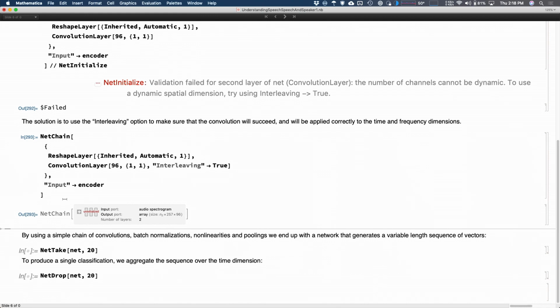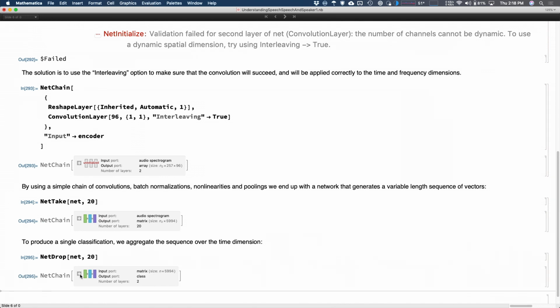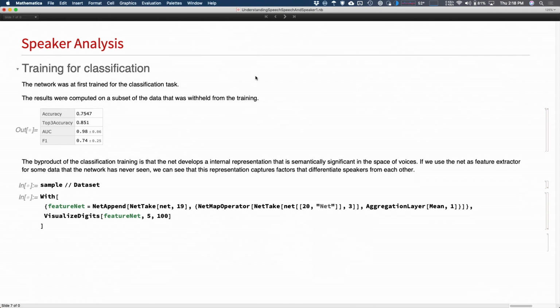But that would also fail because the encoder produces data that has a variable dimension on the first dimension, with which the neural network framework is most definitely not happy. So to make this work, we use the interleaving option in convolution layers and batch normalization layers, et cetera, to make sure that the convolution is applied to the time and frequency dimension, not to the frequency and channels dimension, for example.